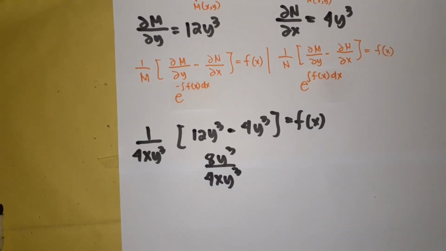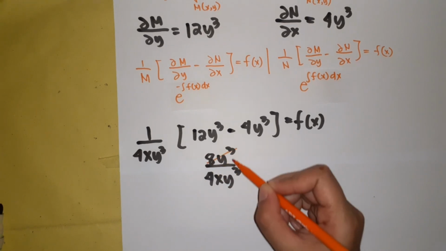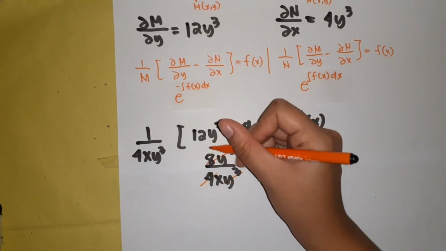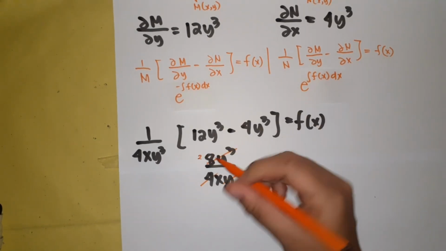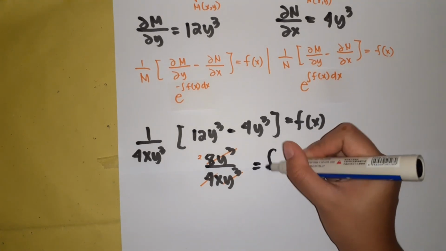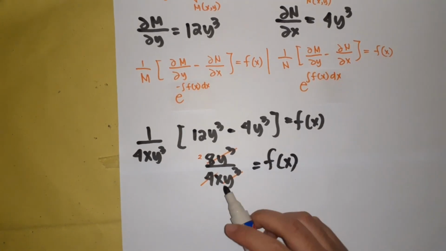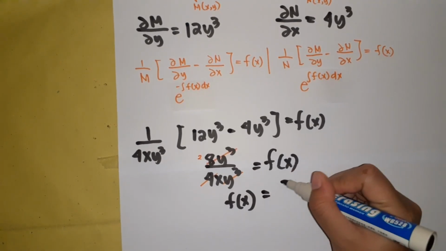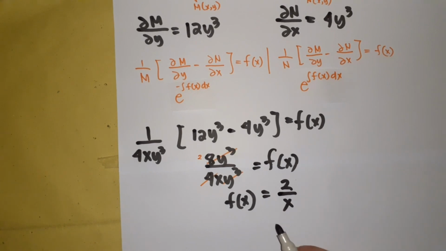And then we can cancel out the y^3, and 4 is divisible by 8, so 8 divided by 4 is 2. The remaining value for our f of x is 2 over x.